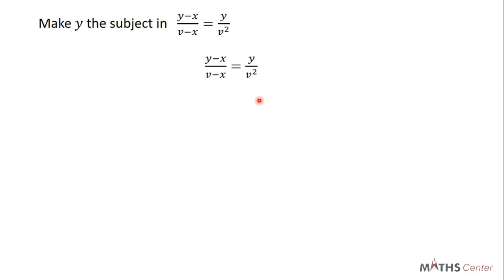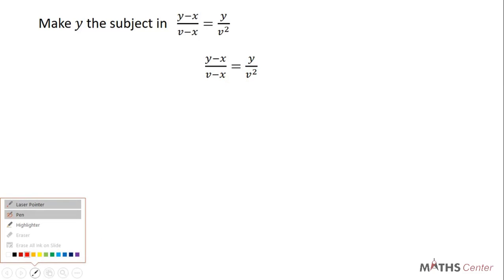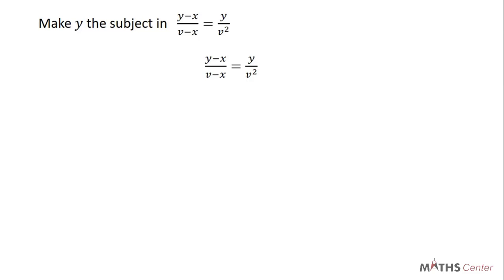As we've been doing in the previous videos, when you are given an equation with a fraction, the first thing you need to do is to identify your fractions. The fractions in this equation are y minus x divided by v minus x and y over v squared. After you've identified the fractions, you will see that the denominators of the fractions are v minus x and v squared, as we have here.